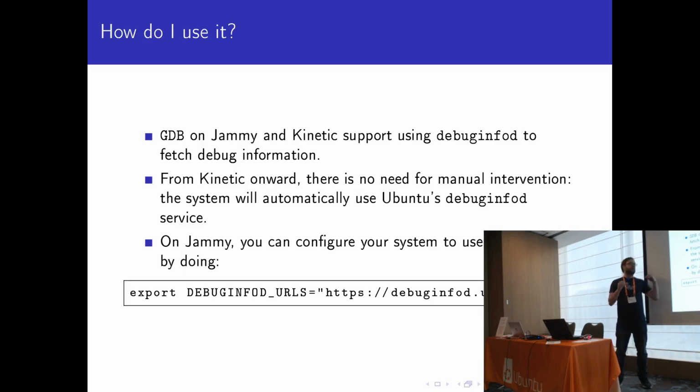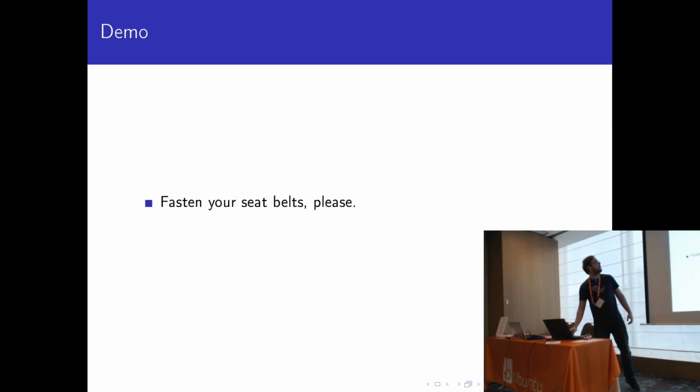So I think backports is the way to go here, for those who are interested. So how do you configure it? There's this DEBUGINFOD_URLS variable that you can set with the URL of the Debuginfod service you want. And that's it. GDB will know what to do after this.